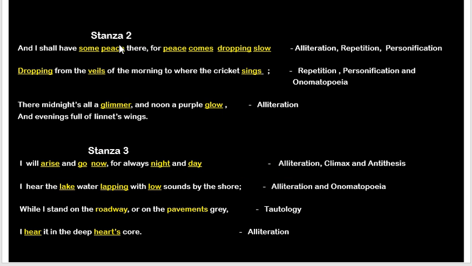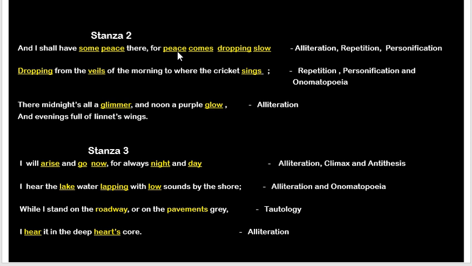Let's try to find out figures of speech in stanza 2. In this line, we can see that the figure of speech is alliteration because of the words some and slow. Here we can see that the sound s is repeated, so it is alliteration.